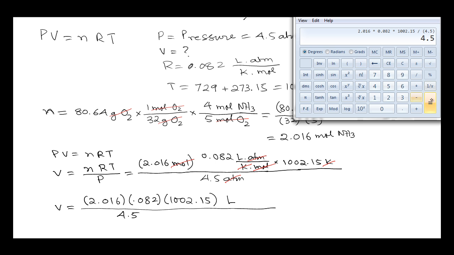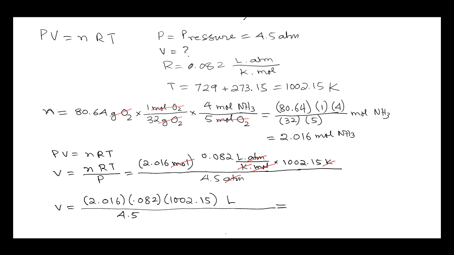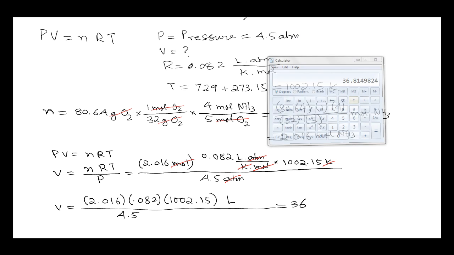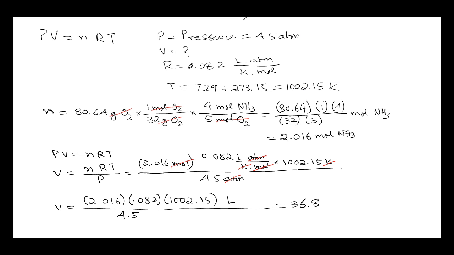I didn't need to put in the parentheses, but I did. But that is equal to 36.81. So that is equal to 36.81 liters. So that is the volume that we have.